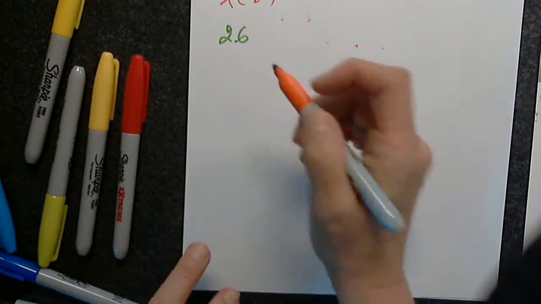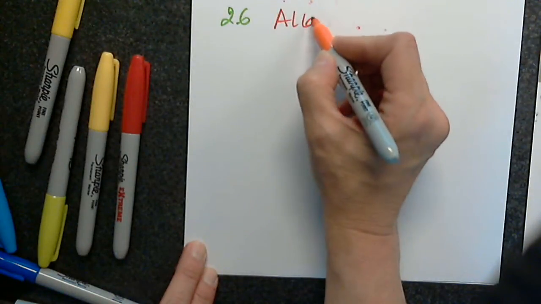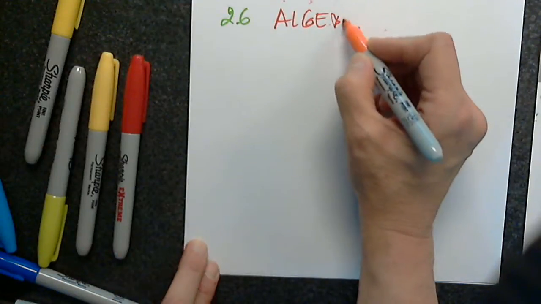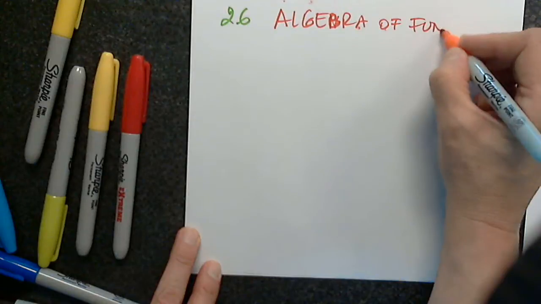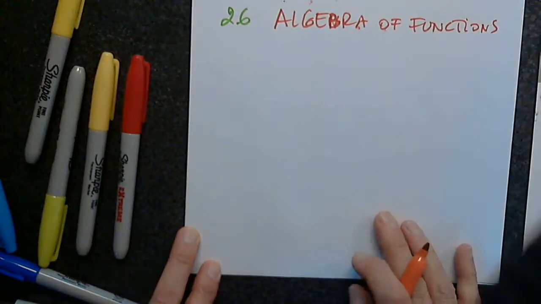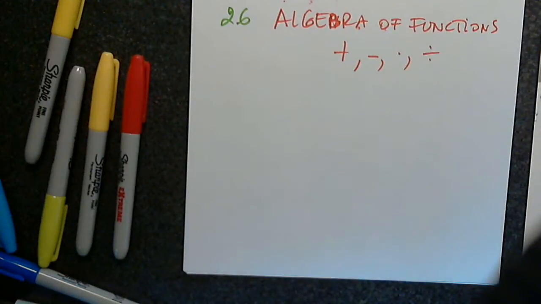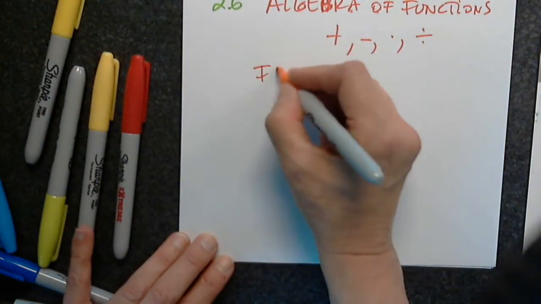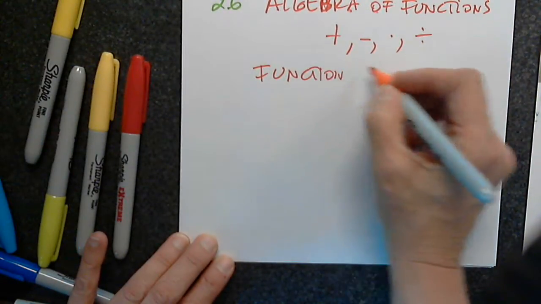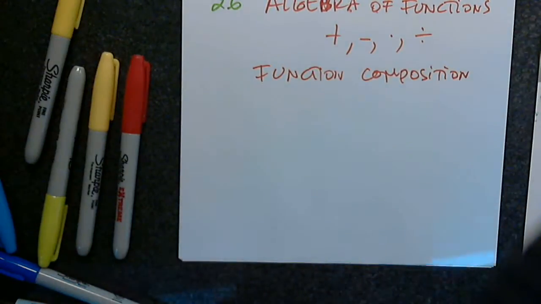Okay? So 2.6 deals with a few things. One, it is called Algebra of Functions. By algebra, we mean we add, subtract, multiply, and divide functions. That's the algebra. The second topic is function composition, which is a totally different idea.